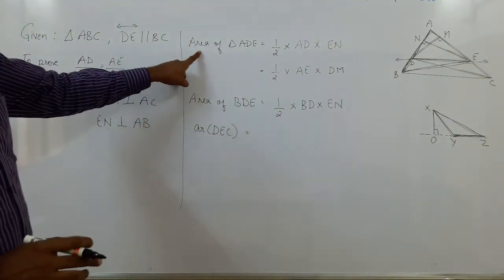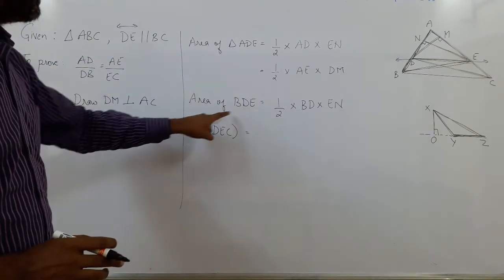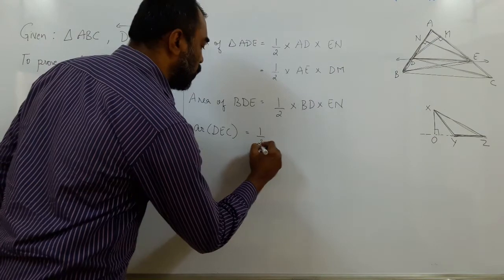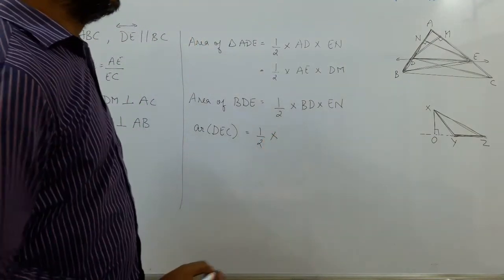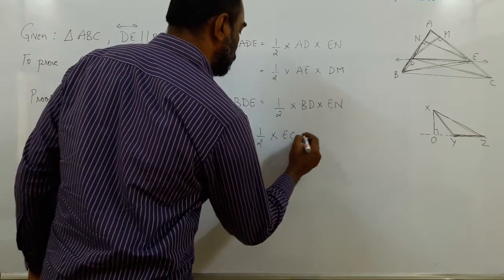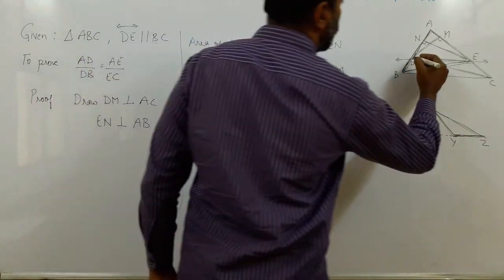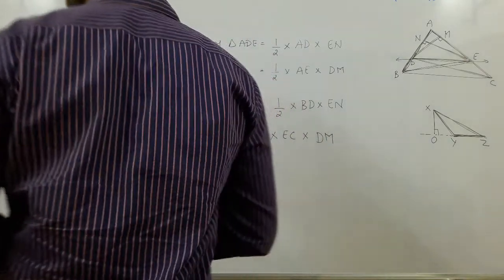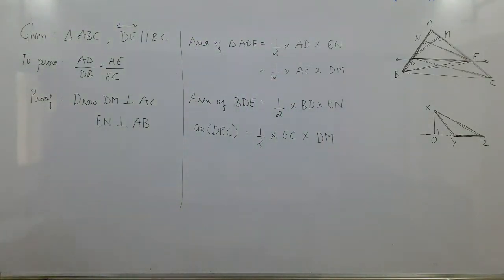You can write the full form, area of triangle ADE, or a short form, area of DEC. What is area of DEC? Half into base. Base is EC into altitude. Altitude is DN. So here I have taken four different triangles and found out their formulas. Okay? I hope I am clear till here.